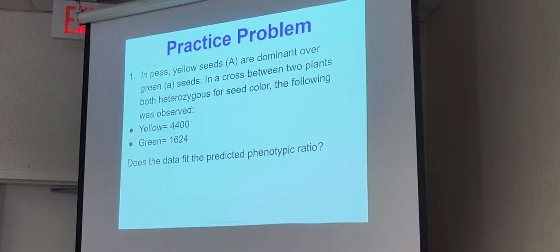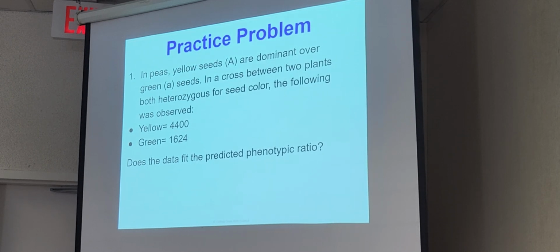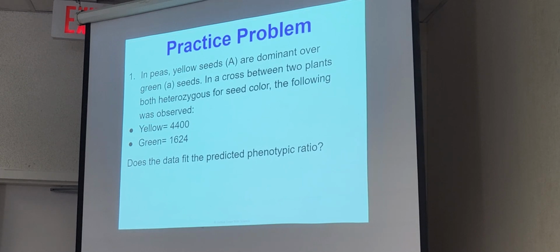So the square of those, 13,924. And each of those divided by expected, so 13,924 divided by 4518, 3.08. Cool. And 13,924 divided by 1506, 9.24. Cool. Add those up.